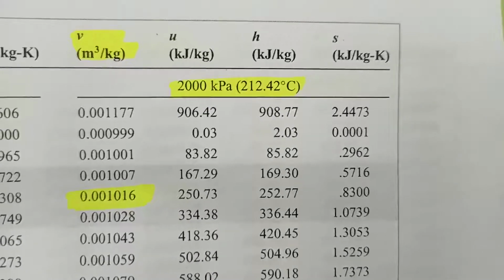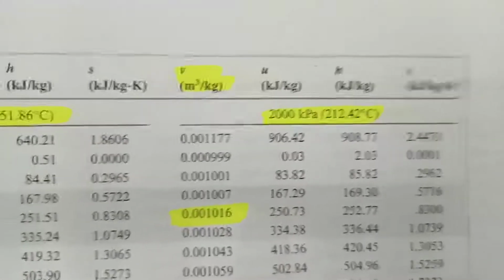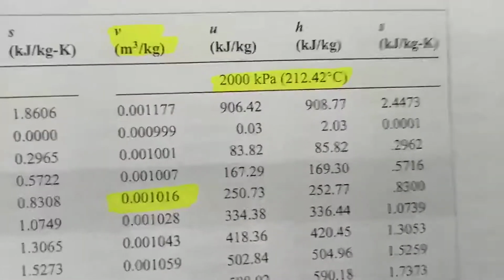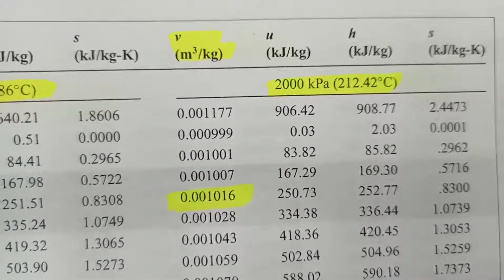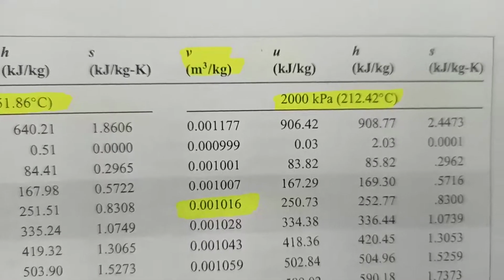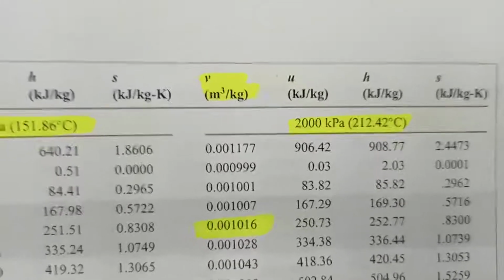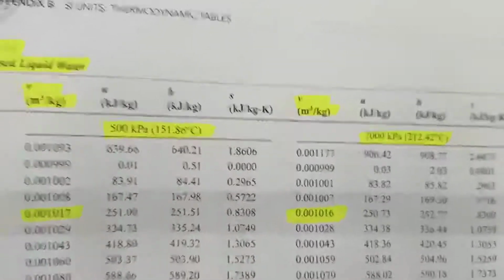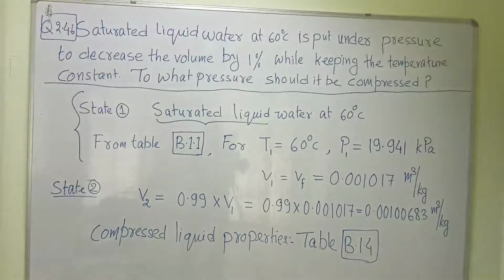The corresponding saturation temperature is also given, and horizontal to the 60 degrees centigrade the specific volume is 0.001016. So it is outside the range we are considering. So I will go to the next page of the compressed liquid properties table.